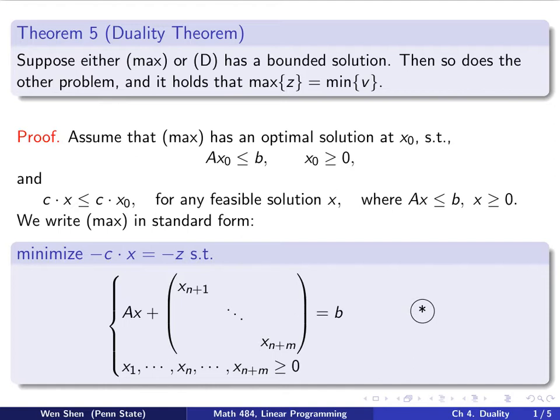So recall that by adding slack variables we could have converted a max problem into the standard form, and then conveniently it is also in a canonical form. So we observe that this is in fact already in canonical form.